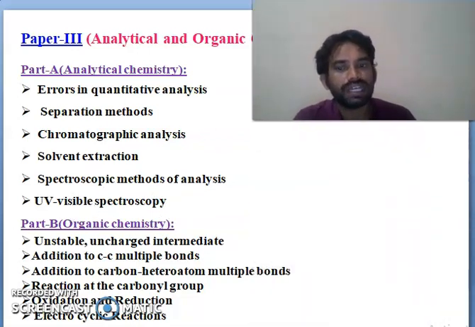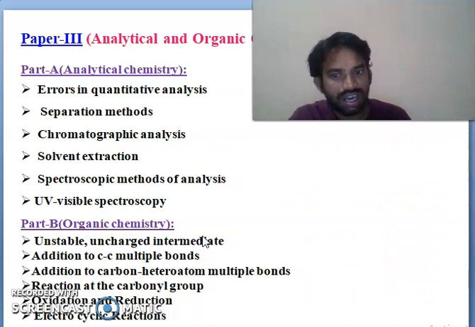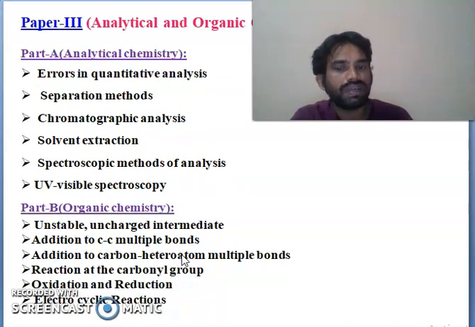Part B is organic chemistry: unstable uncharged intermediates, addition to carbon-carbon multiple bonds, addition to carbon-heteroatom multiple bonds, reactions at carbonyl groups, oxidation and reduction, electrocyclic reactions. These are the syllabus for paper 3, analytical and organic chemistry.